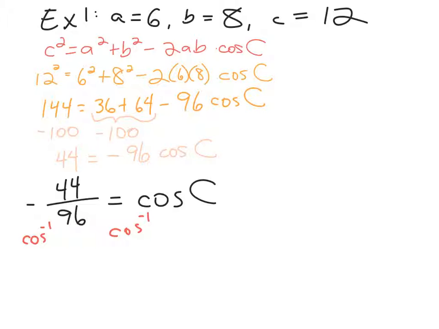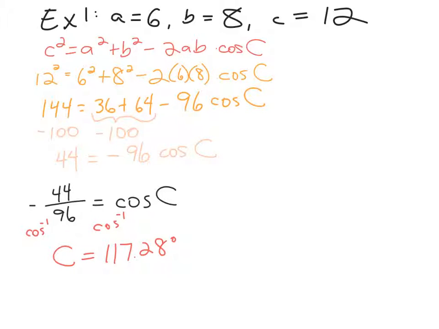So when we type that into our calculator, arc cosine of negative 44 over 96, we would come up with our angle C equal to a value of 117.2796, so I'm just going to call that 117.28 degrees, and that's going to give me angle C. And so right there is our first angle that we need to find.